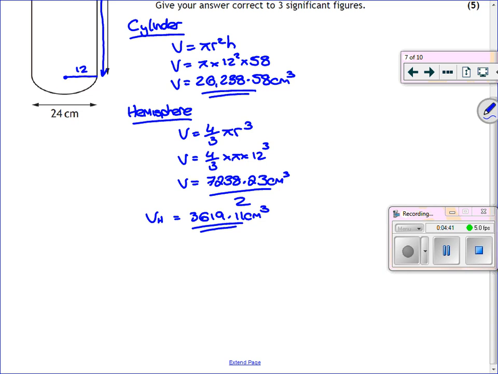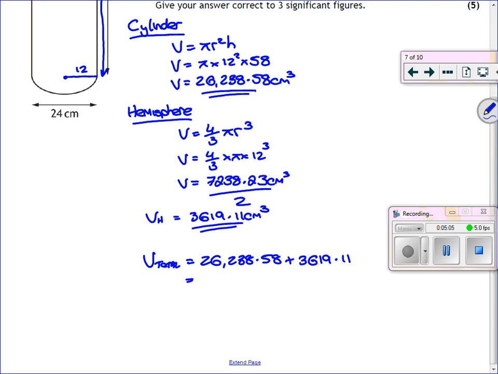And then to get the total volume, add it all up. So volume total is going to be 26,238.58 plus 3,619.11.